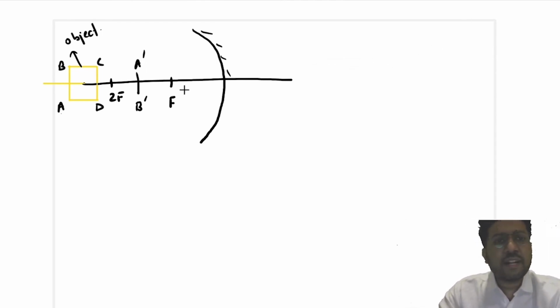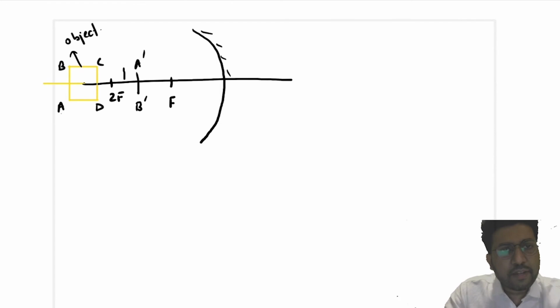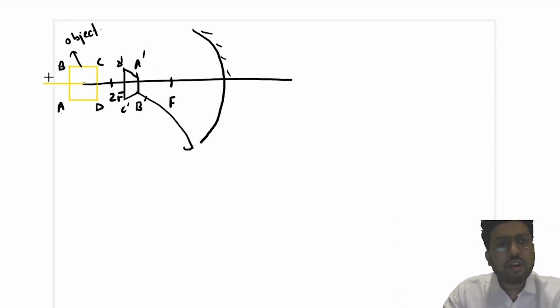So definitely CD will be more magnified compared to AB. It will still be diminished, but more magnified compared to AB. So the image formed will be a trapezium. The image of a rectangle will be a trapezium.